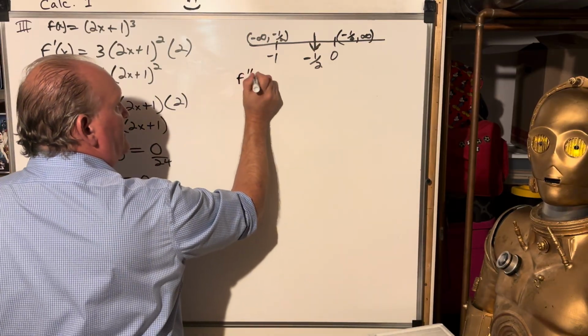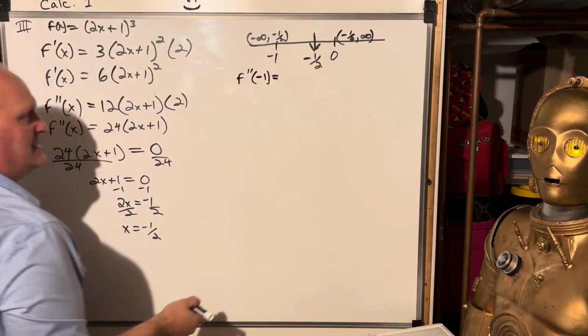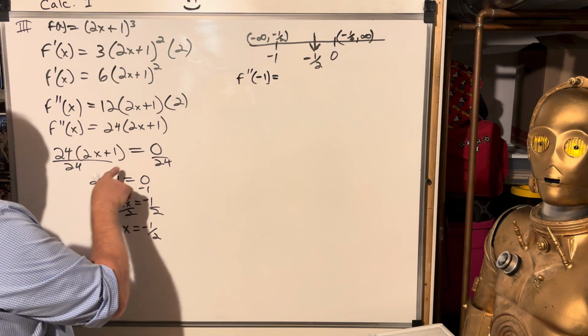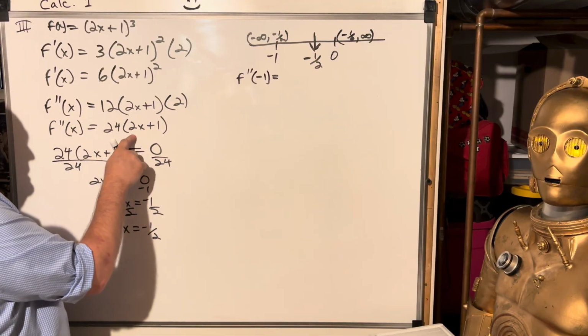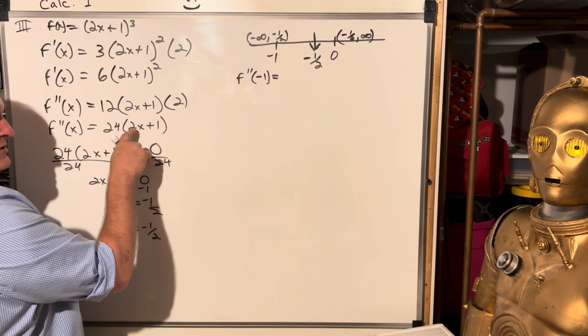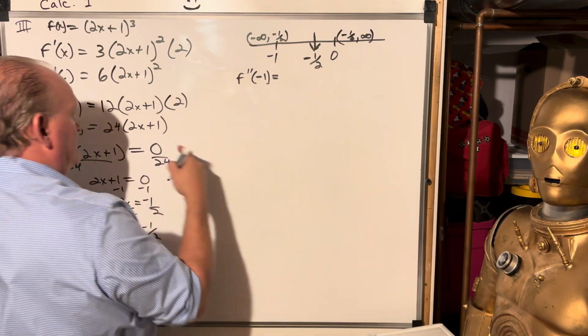f double prime of our test number here, -1. And we want to see, is that positive or is that negative? And so I toss in -1 here. And again, putting it in here instead of having it all distributed makes it easier, because you can do -2 plus 1 is -1.